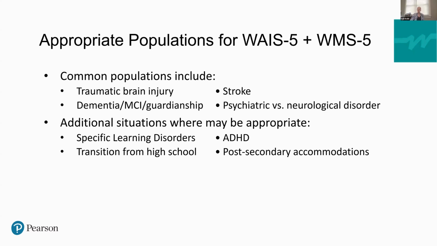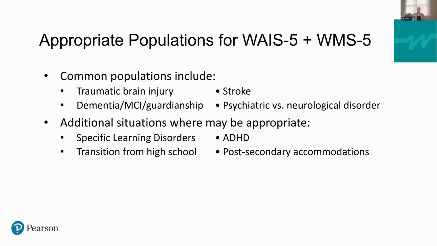Another population commonly assessed are older adults who are suspected of having age-related memory decline, including mild cognitive impairment, Alzheimer's disease, or other dementing conditions. The test also helps us distinguish between psychiatric and neurological disorders.